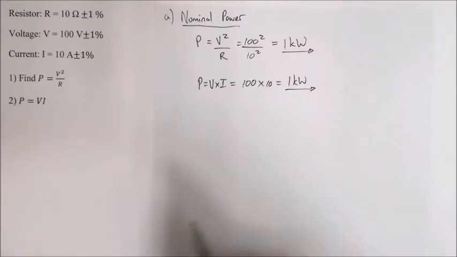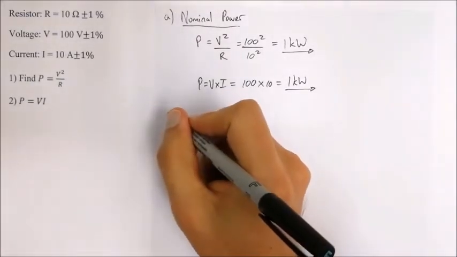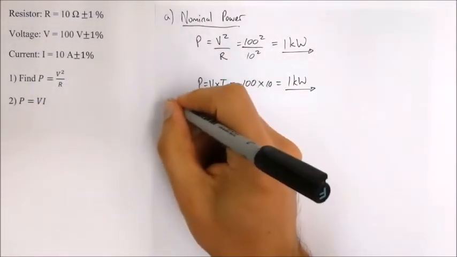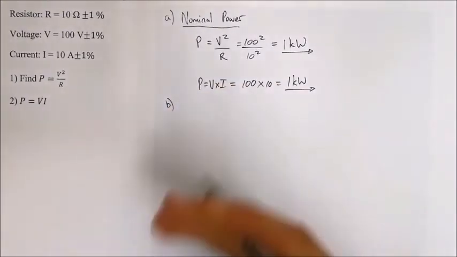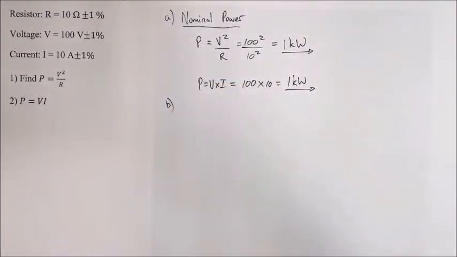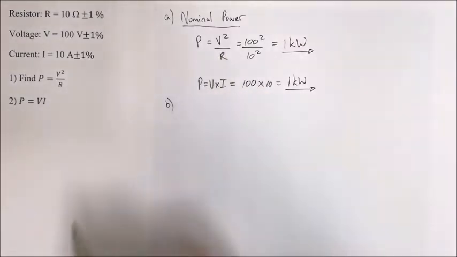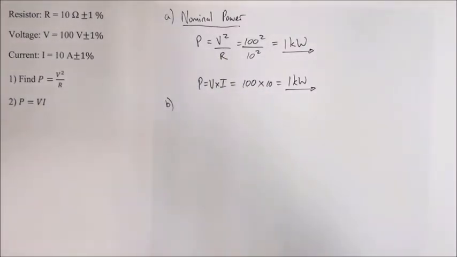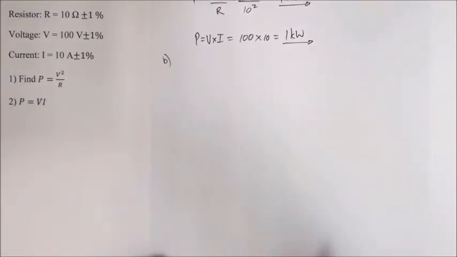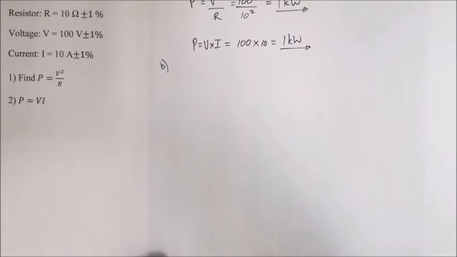Now we've got to look at this Kline McKlintock method of uncertainty, and we're going to look at it for both equations. First, I'm going to look at the equation power is equal to voltage squared over resistance. If you recall correctly, we need to find the derivative of the power with respect to each variable.